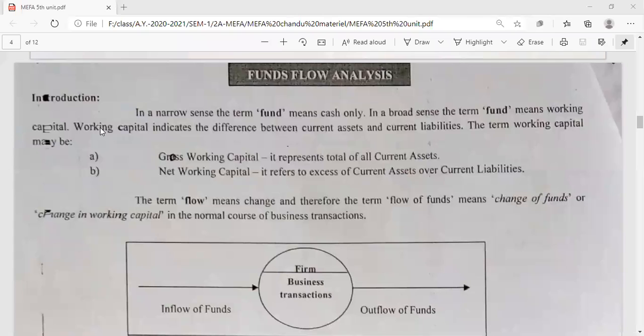These two are combinedly called the working capital. Gross working capital represents the total of all the current assets. Net working capital refers to the excess of current assets over the current liabilities. That is net working capital, right?